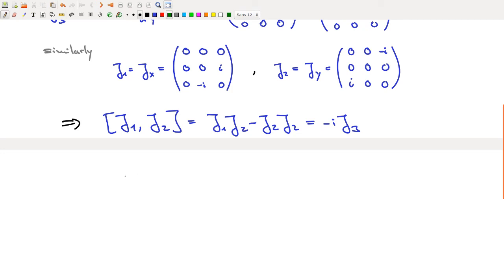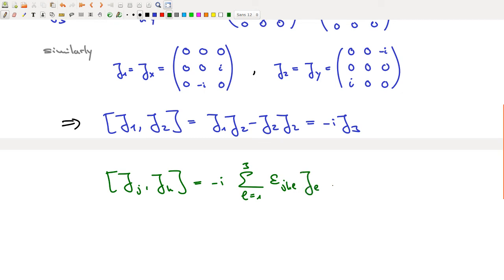And so in general you find, let's say, Jj and Jk commutator is equal to minus I sum over, let's say, L from 1 to 3 epsilon JKL, that's the totally antisymmetric epsilon here.